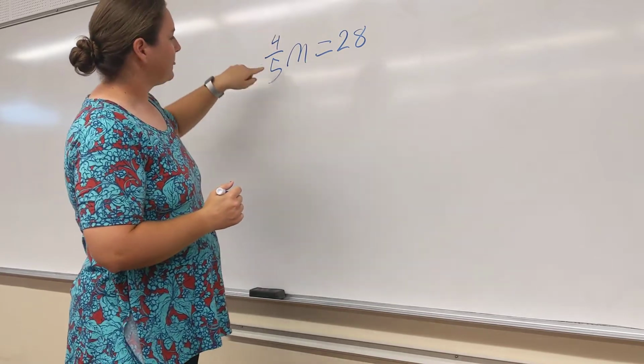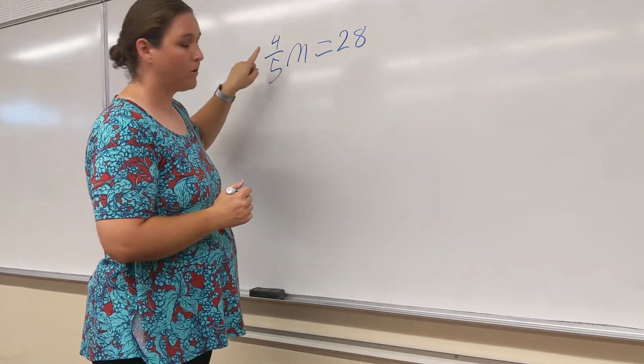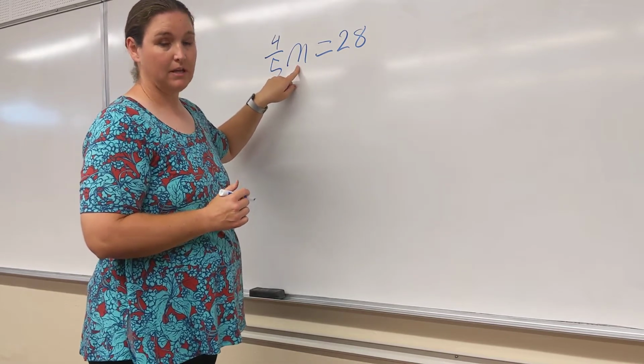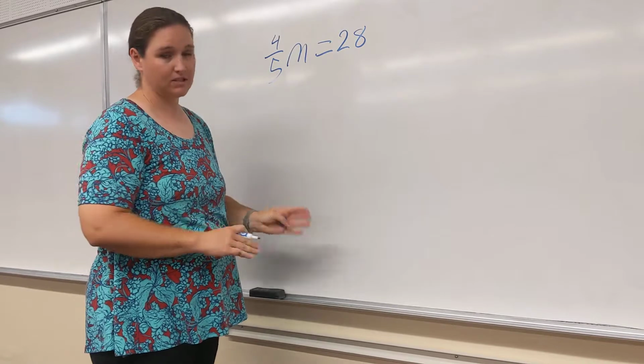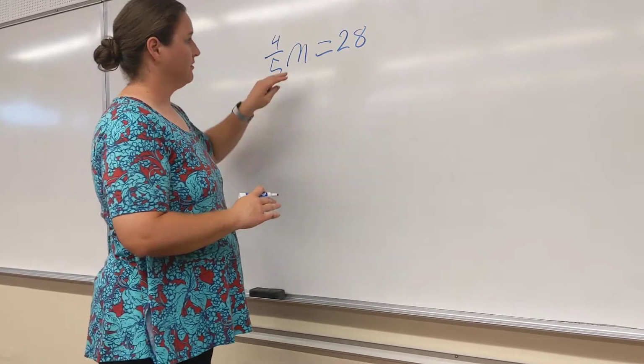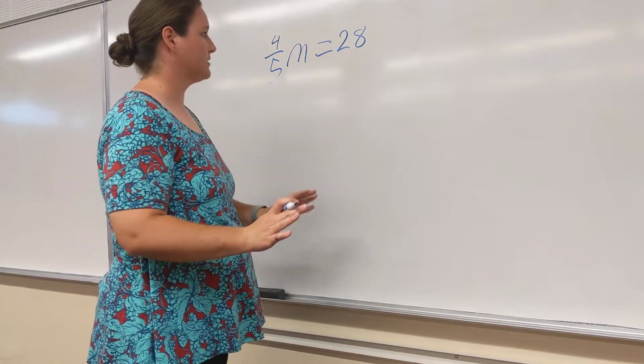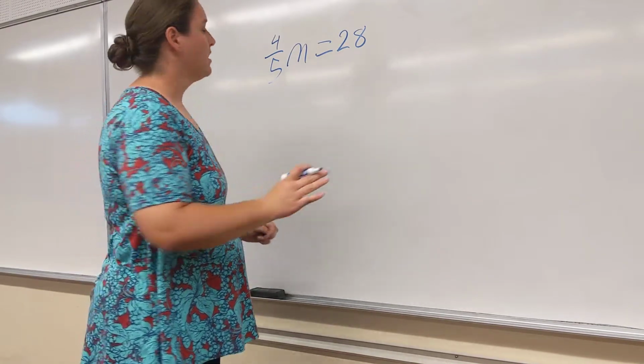So 4/5 is being multiplied by m. There's 2 ways you could actually do this. I'm going to go over both of them. You can pick which one you want, and that's fine.